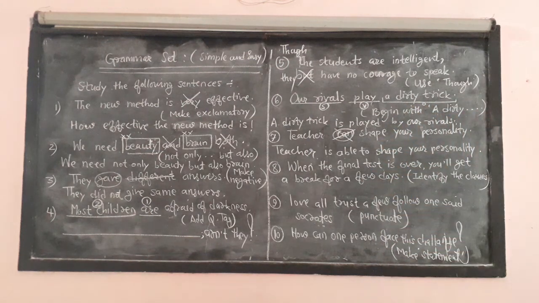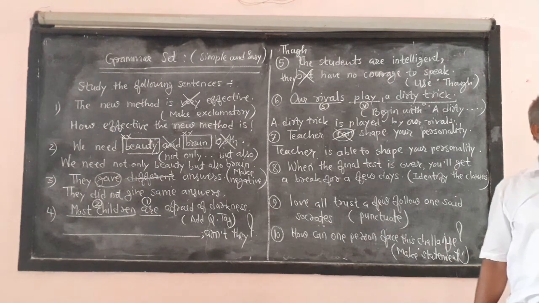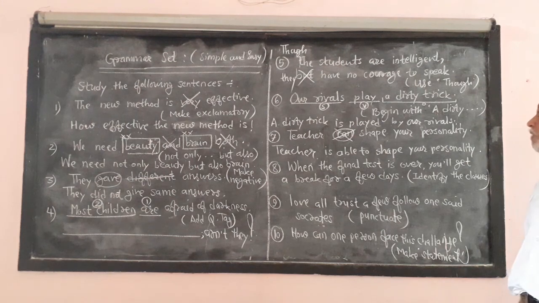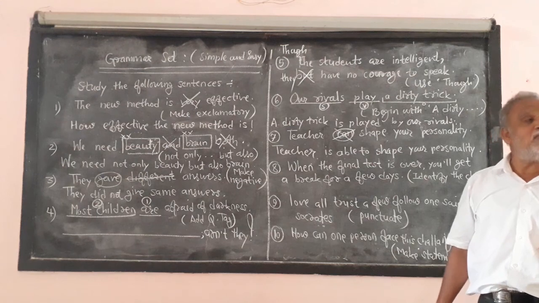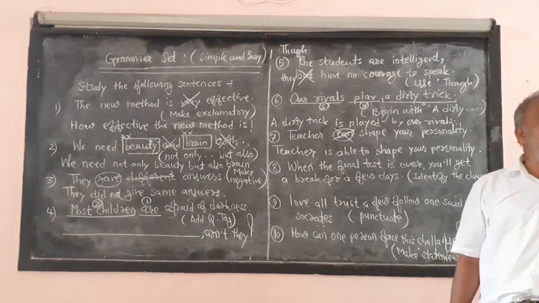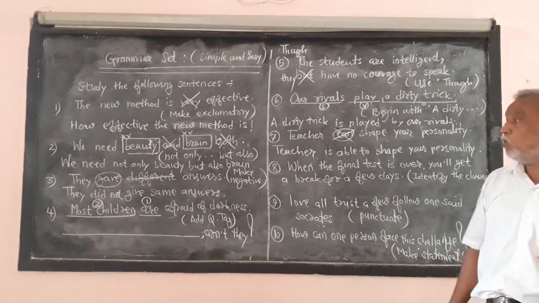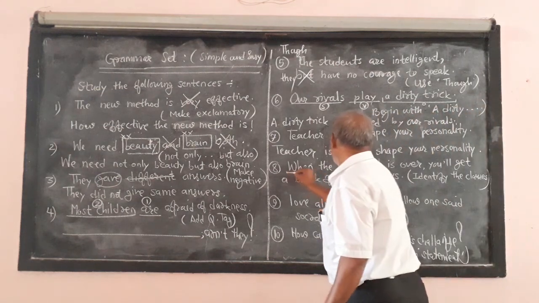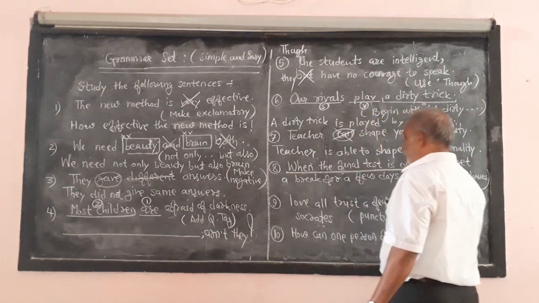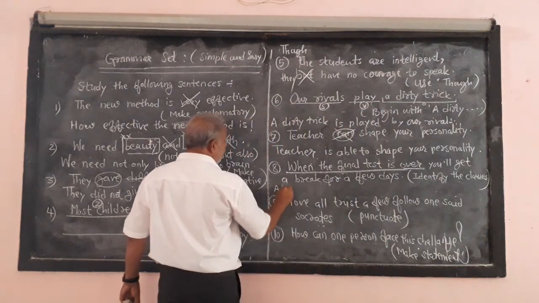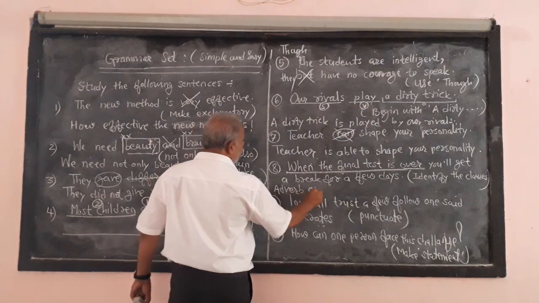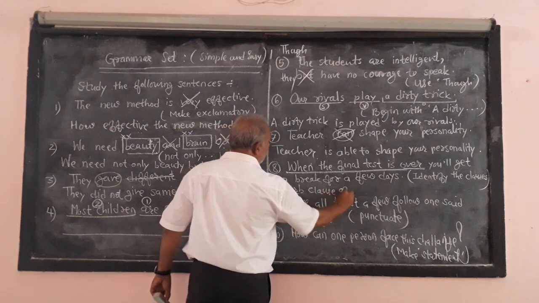When the final test is over, you will get a break for a few days. When will you get a break? Begin your sentence with when. The part of the sentence that begins with when is called an adverb clause of time because it suggests time. When the final test is over shows an adverb clause of time. So please underline that part and write adverb clause of time.